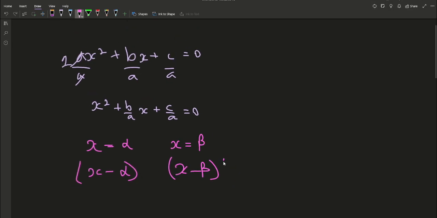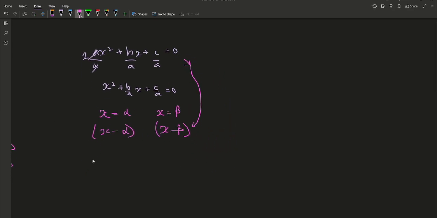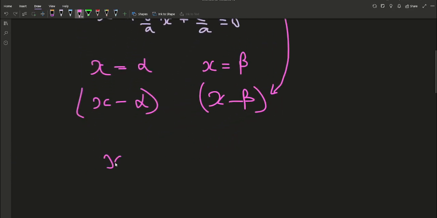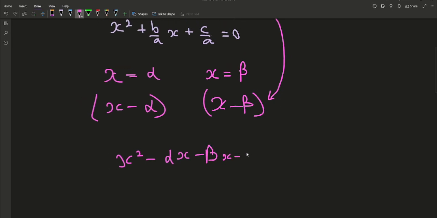Now, if we were to expand these linear factors, we should be able to get our original form, right? So let's try that. X squared minus alpha x minus beta x, and then alpha beta.